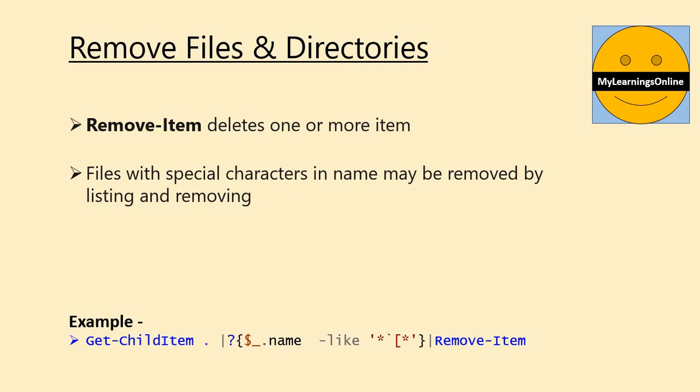In this example, first we are listing files which have special characters in their name, and then we are removing them by pipelining the output to the following command. The following command takes the output of the first command as input for itself.